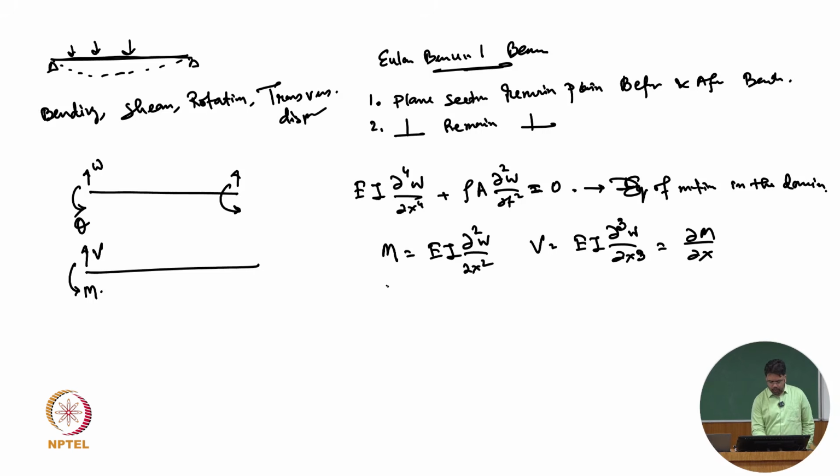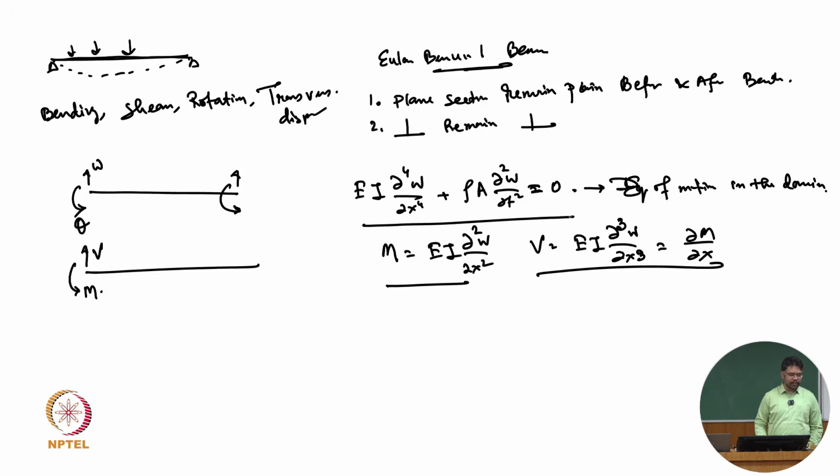These are the two associated definitions: the bending moment is EI into del 2W del x2, and shear force equals del M del x. If you do del M del x, you will directly get del 3W del x3, automatically.